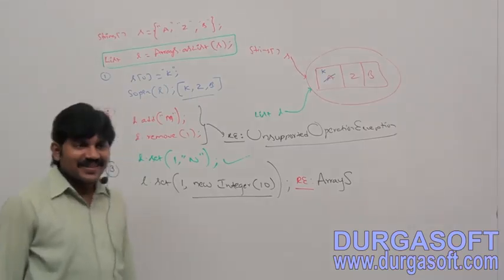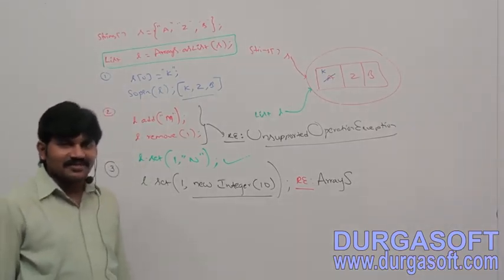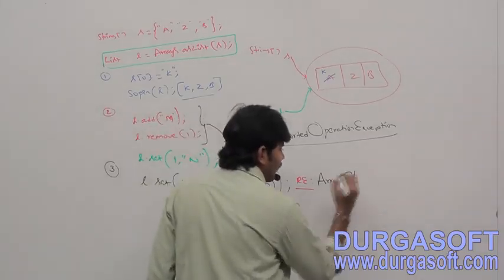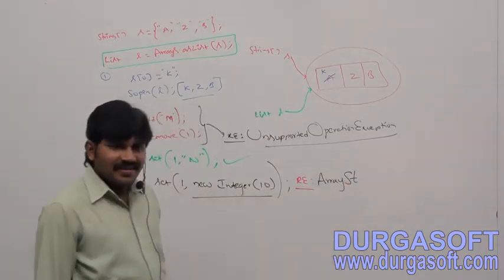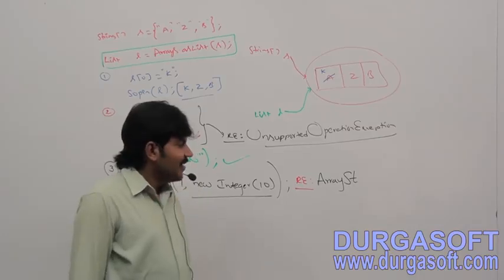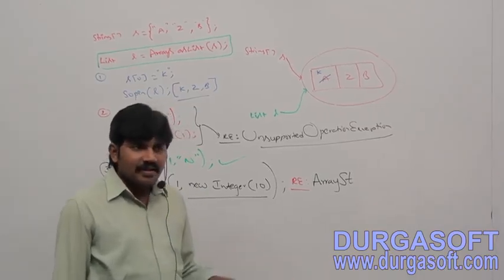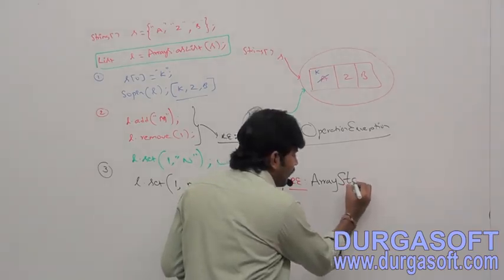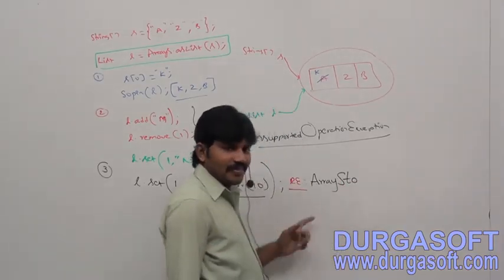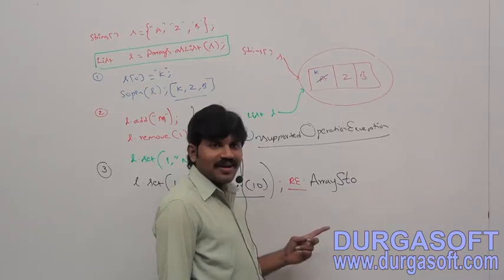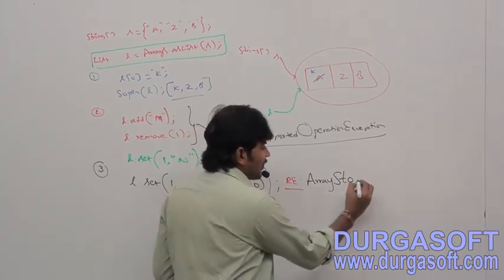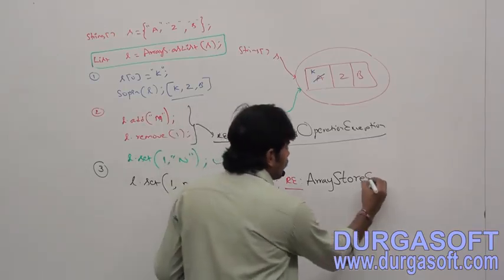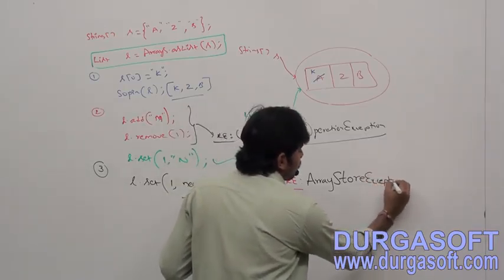E means exception anyway, at the end. Array store exception.